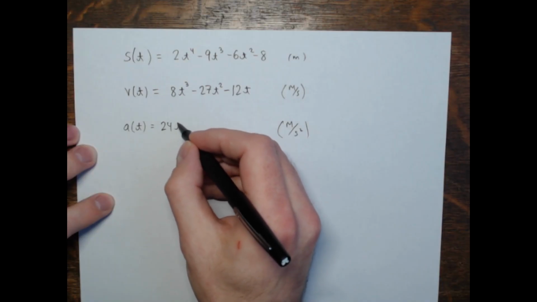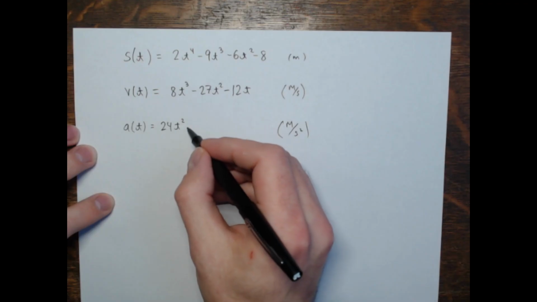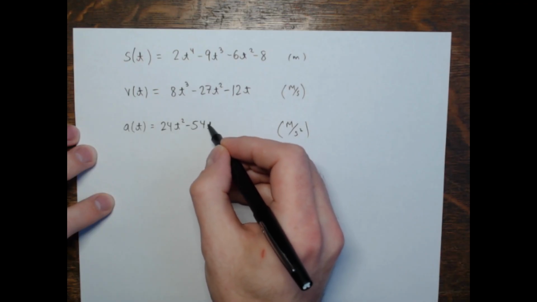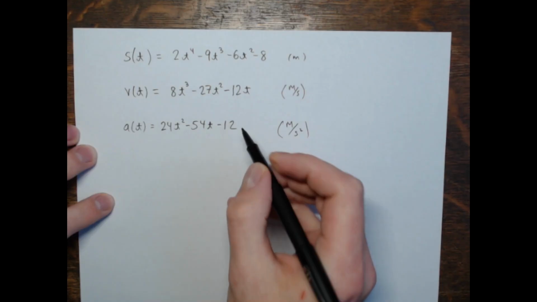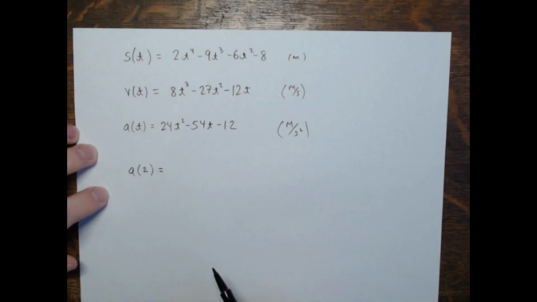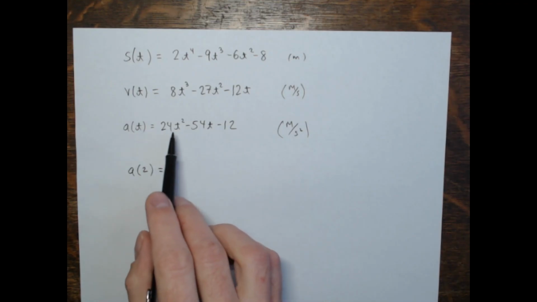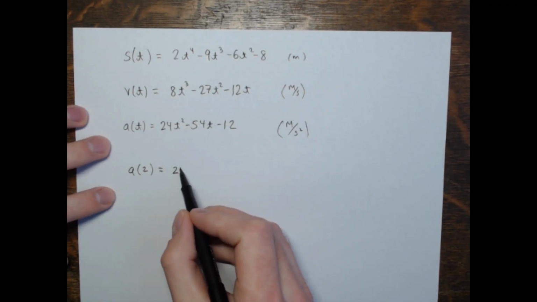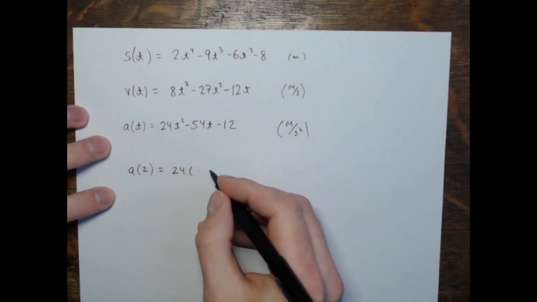So 24t squared minus 54t, then minus 12. And we're asked to find the acceleration after 2 seconds, right, or at the 2-second mark. So I'm just plugging 2 into my acceleration function here for t.